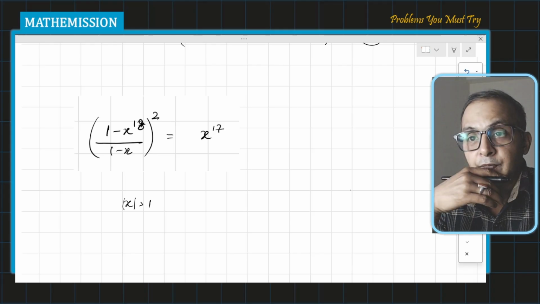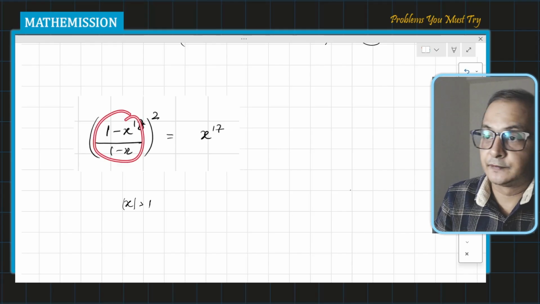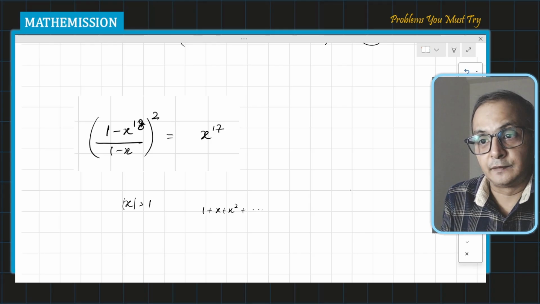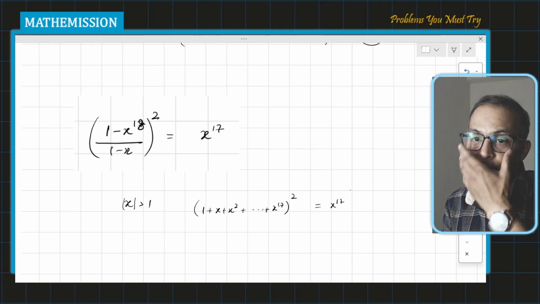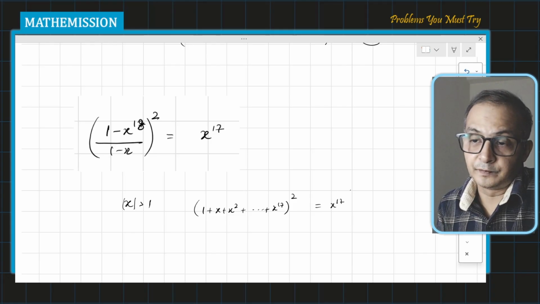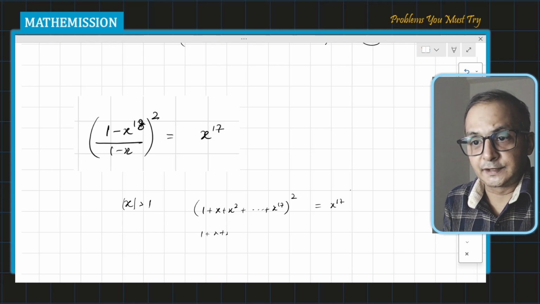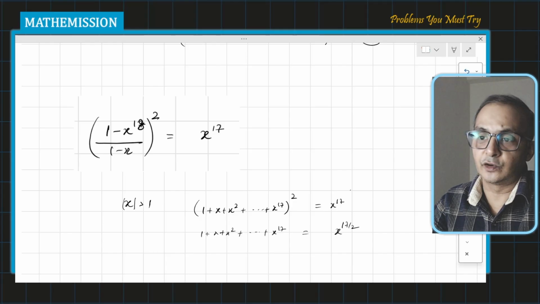what will happen is that this geometric series I can write as 1 plus x square till x to the power 17, and again we have to square it. Now, any number whose magnitude is greater than 1, I can write this as 1 plus x square till x to the power 17 and here I can write x to the power 17 by 2, so it's convenient.